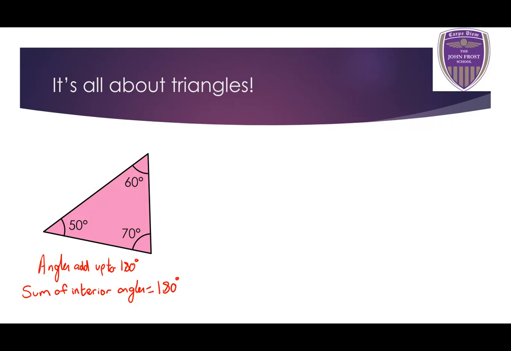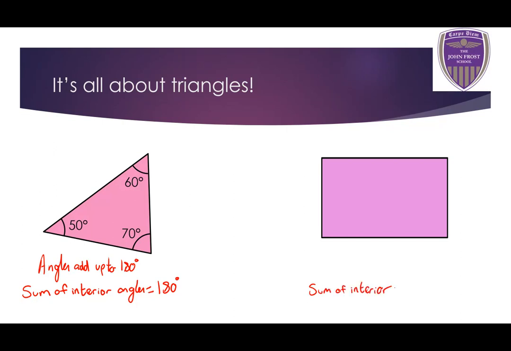Okay, let's have a look at another shape. Here we've got a rectangle. Now, some of you may already know that the sum of interior angles for this shape equals 360 degrees.